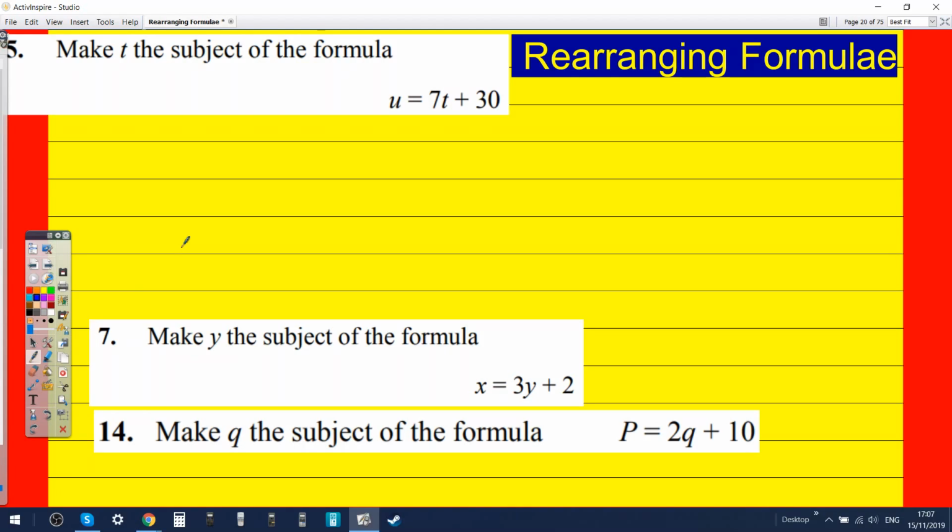Okay. Minus U on both sides, and you're trying to get T by itself. Divided by 7 on both sides. So you would do them the same as when you're solving, in reverse order of operations. If there's any adding and subtracting, do that first.